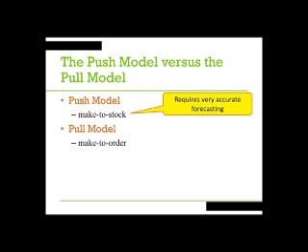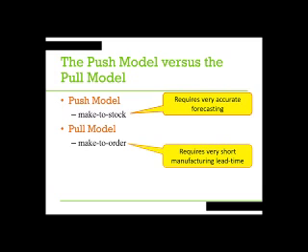Way to think of that would be like in a restaurant. A normal restaurant doesn't make a meal ahead of time hoping that somebody's going to come in and buy it. They wait until you get there and place your order, and then they say, okay, that's what I'm going to cook. The problem with the pull model is it has to be a very short manufacturing lead time.